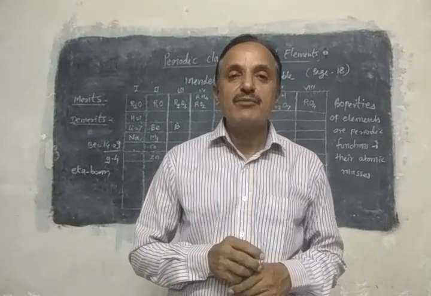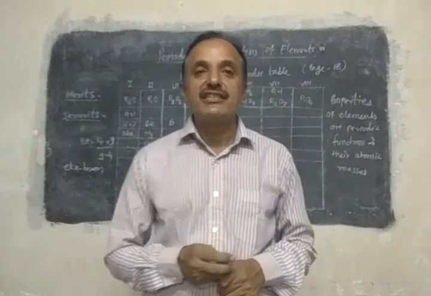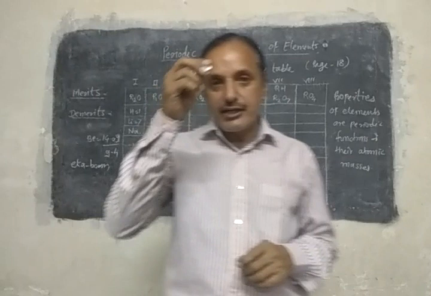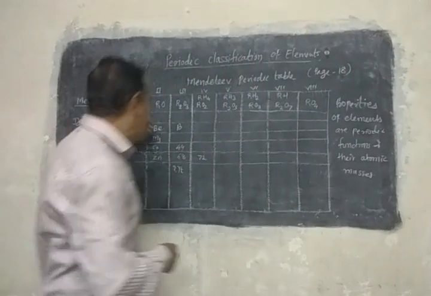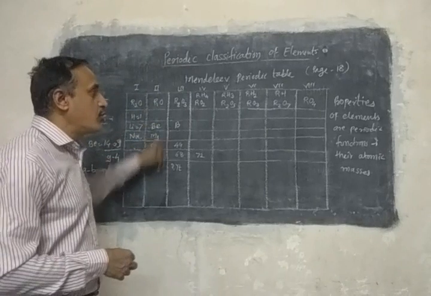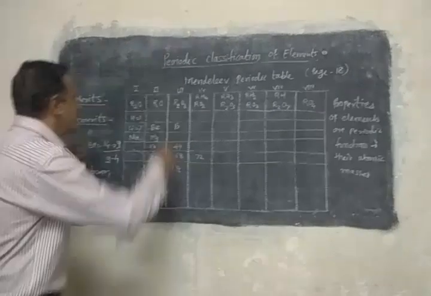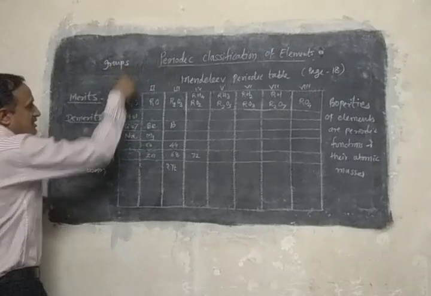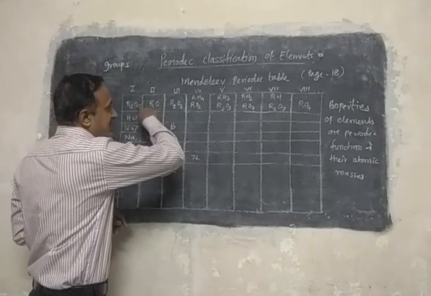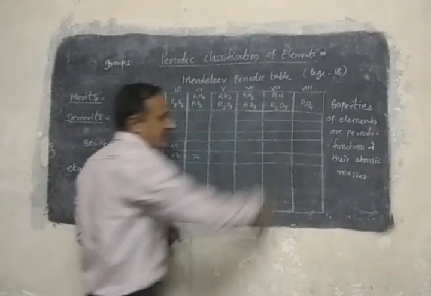In that table, there are vertical columns and horizontal rows. These vertical columns are called groups. There are 8 groups in that table.